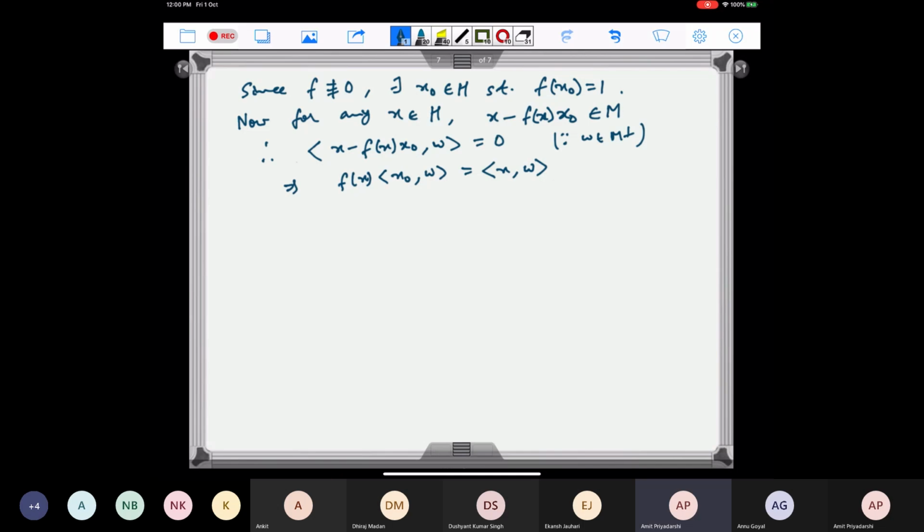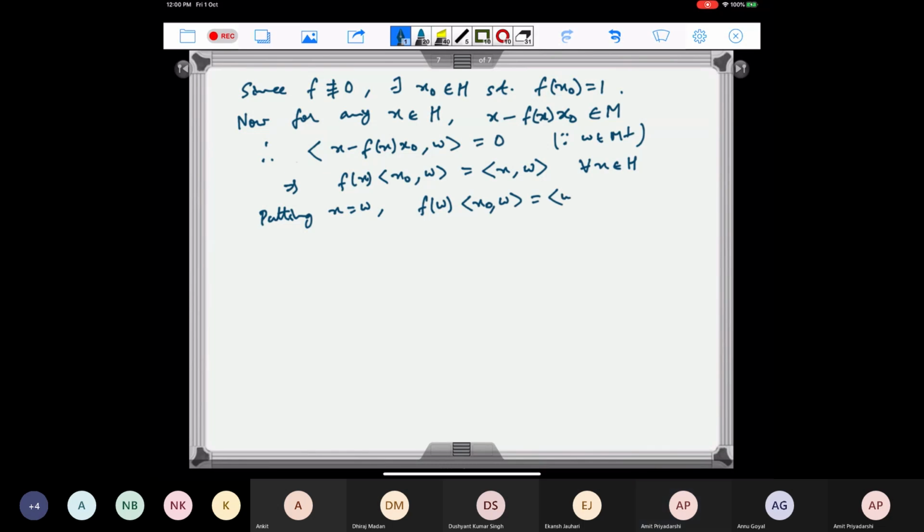This is true for every x in H. So if I put x equal to w, we get that f w times x naught w.